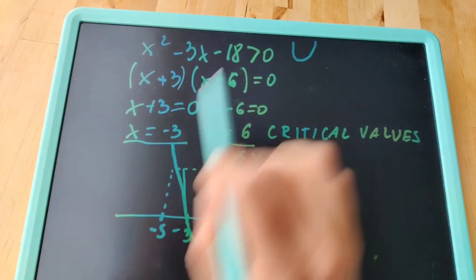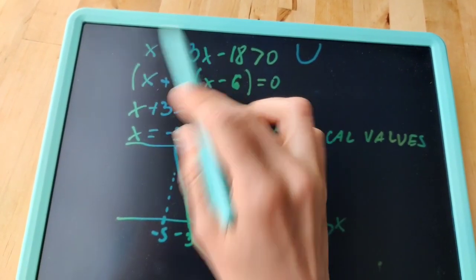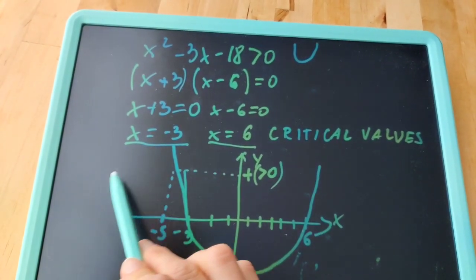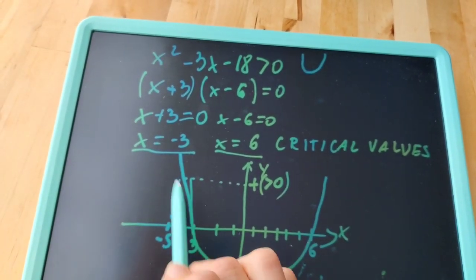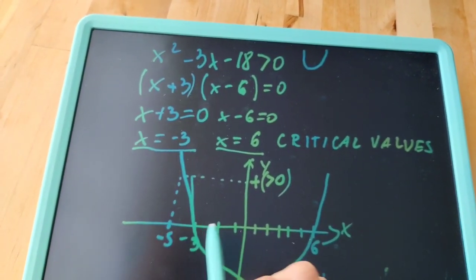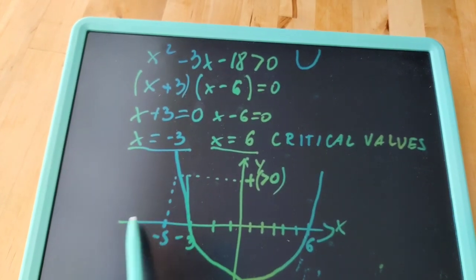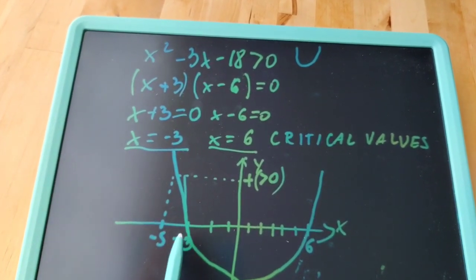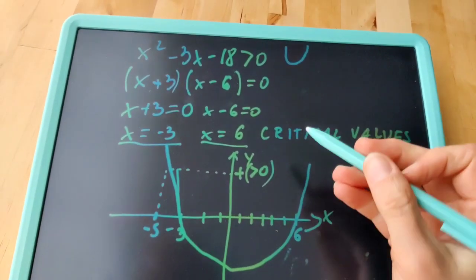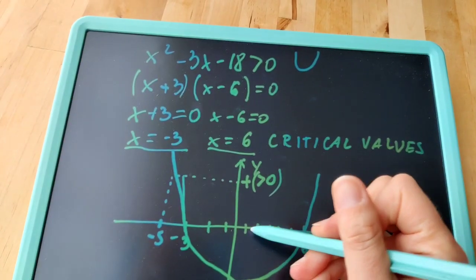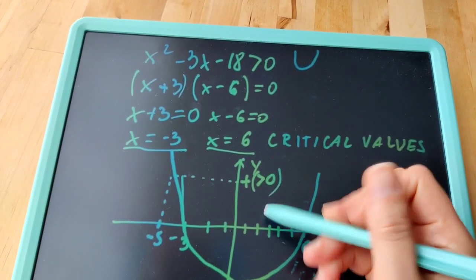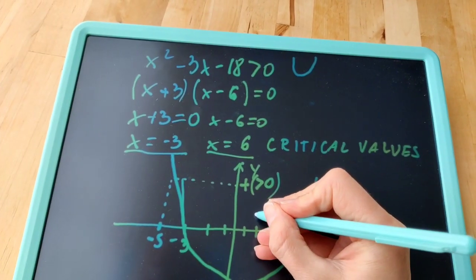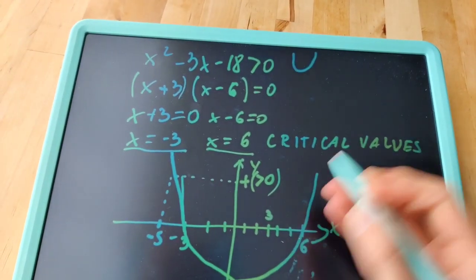So this way we know that the values for our polynomial are definitely going to be somewhere here, from the numbers less than negative 3. Let's see what we get if we picked the number 3.